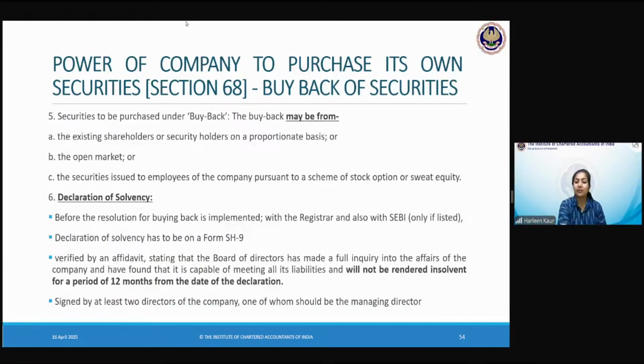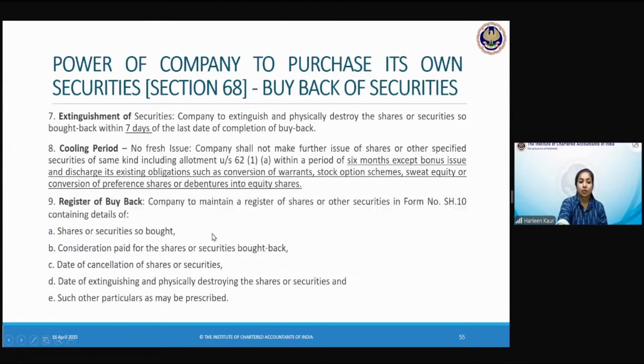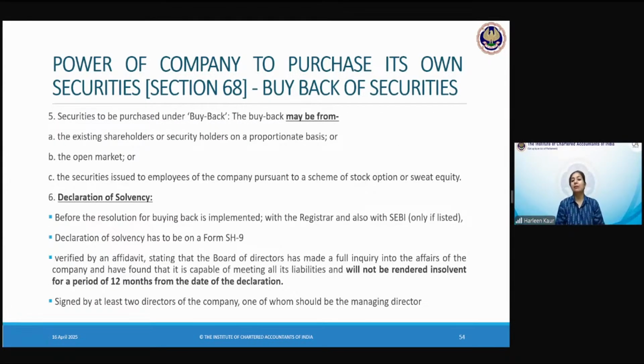So any 2 directors, one of them shall be managing director. So quickly tell me, securities can be purchased from existing shareholders or security holders on proportionate basis, right shares, employees issued ESOPs. They can also be used. Sweat equity shares में से भी हो सकता है buyback. Open market से भी हो सकता है. What is the form for declaration of solvency?